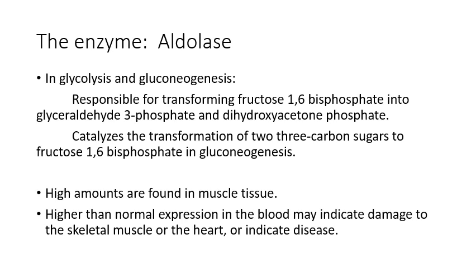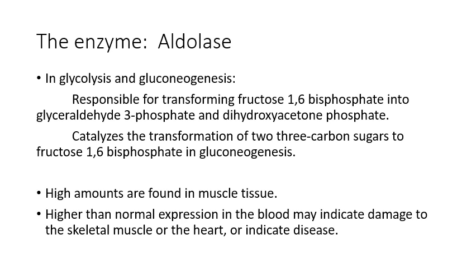The enzyme aldolase, we saw it earlier in glycolysis and in gluconeogenesis. It was responsible for transforming that fructose 1,6-bisphosphate into glyceraldehyde 3-phosphate and dihydroxyacetone phosphate. So the 6-carbon sugar into the 3-carbon sugars.